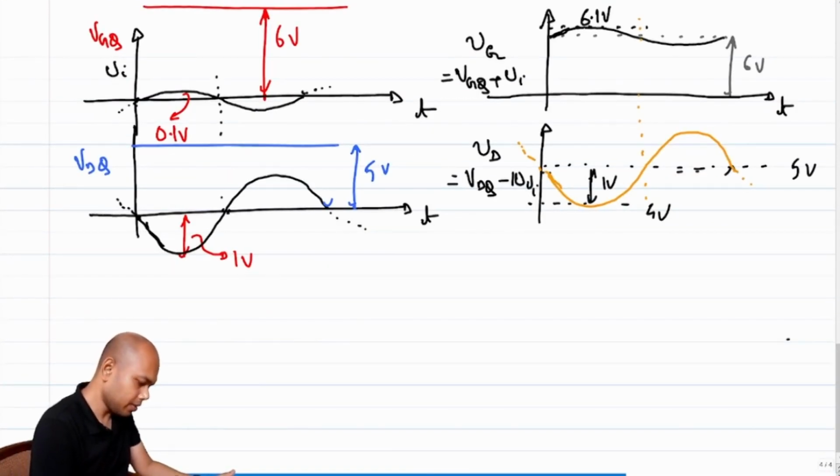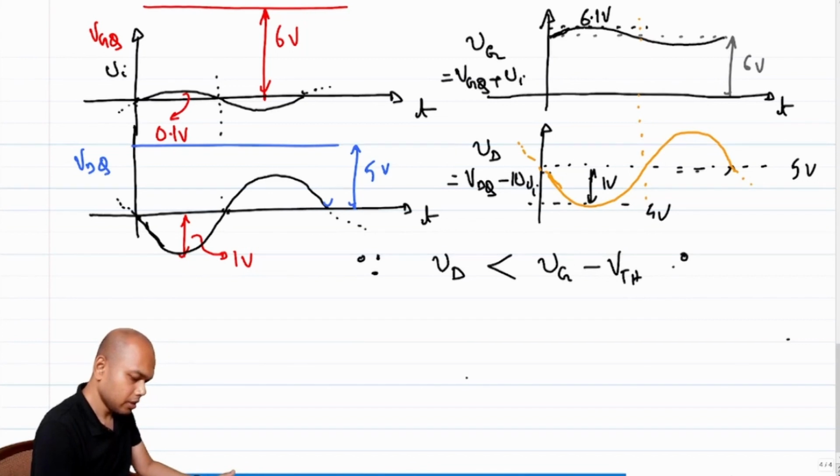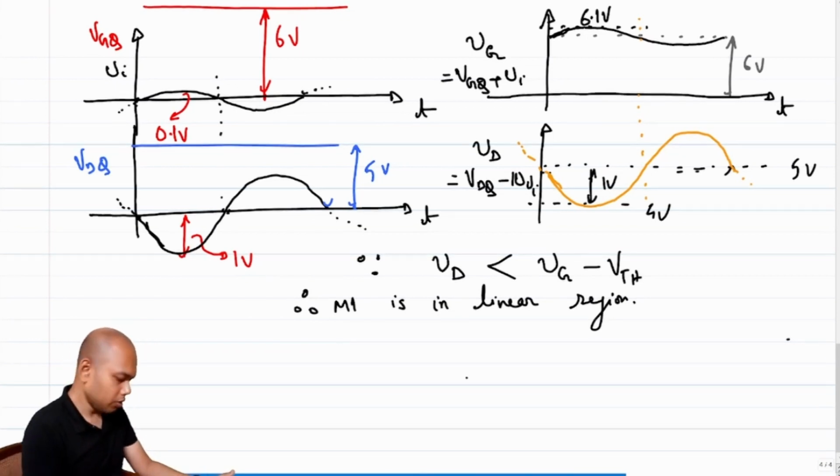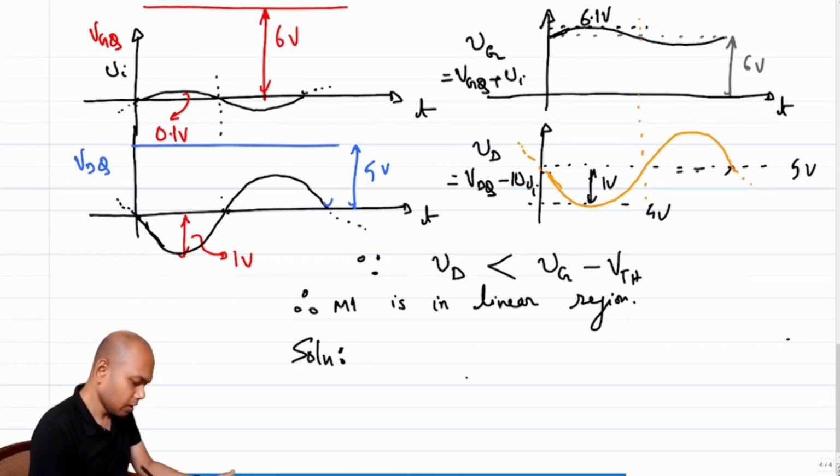So in this case, let me write down, since VD, that is the total drain voltage, since VD is less than total VG minus threshold voltage, therefore M1 is in linear region.